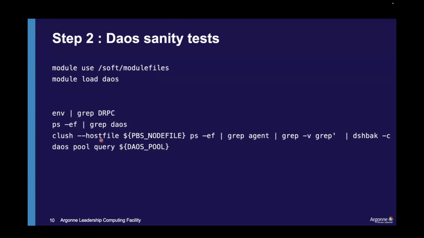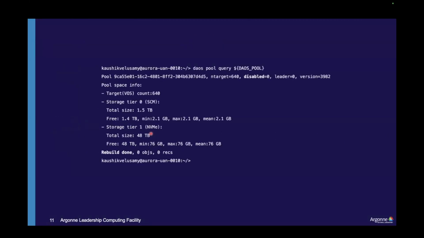And clush is like a pdsh command, which takes this command and runs it on all the nodes. If you want to do ls on 1024 nodes, you do clush hostname and ls, and it'll run ls on 1024 nodes. Same thing: we just make sure DAOS is running or not, and then daos pool query. This is just a simple sanity test to see if things are running or not.